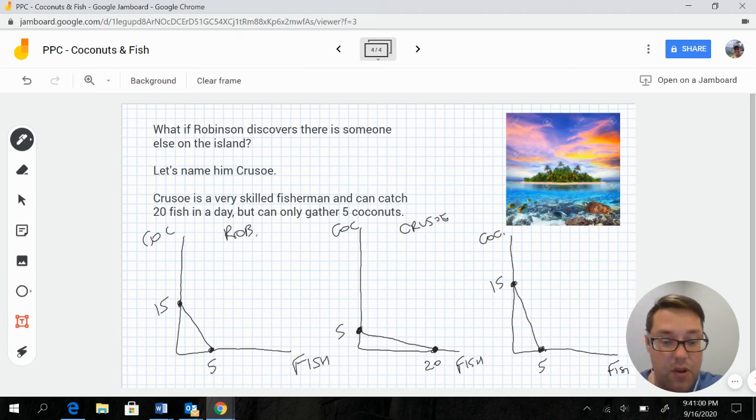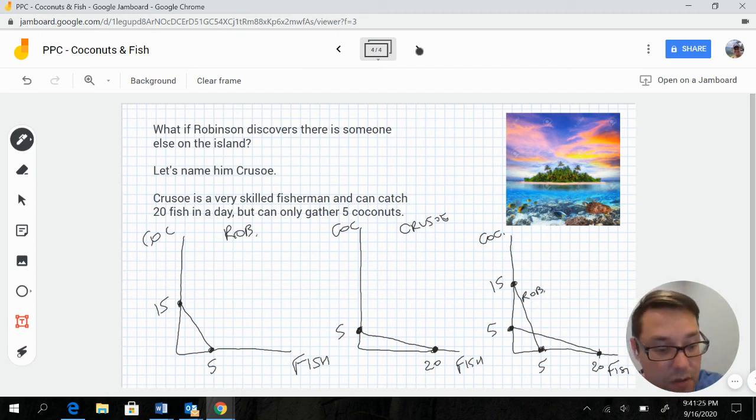And then if we wanted to draw Crusoe's on there, right? So his intercept here would be 5 coconuts, 20 fish. Let's call it out here. Okay, so if I was doing this on paper, I might draw these in different colors, or you could sort of label them.